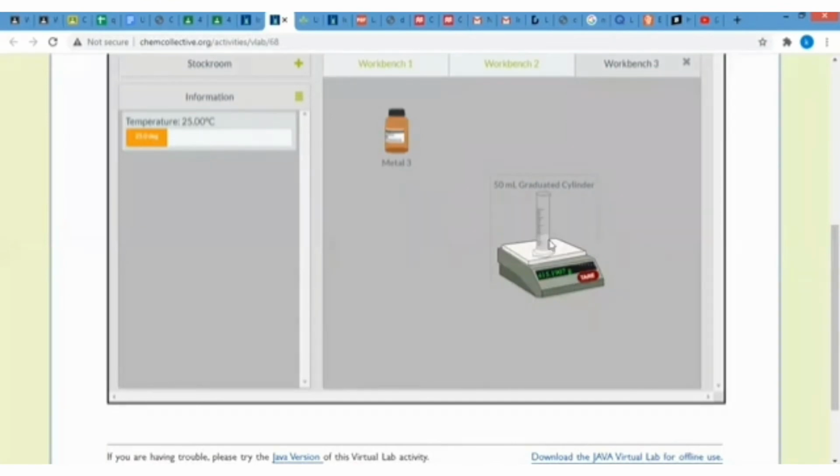To find the mass of only metal number 3, 71.4421 grams was subtracted from 415.1907 grams, leaving us with a total of 343.7486 grams. That is the mass of metal number 3.